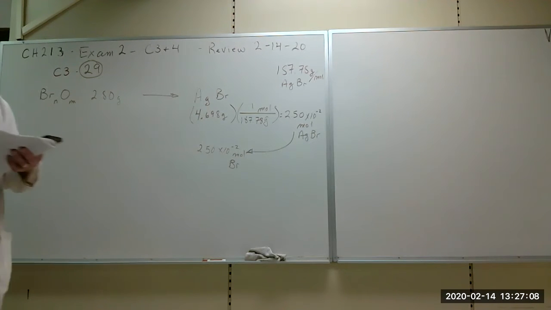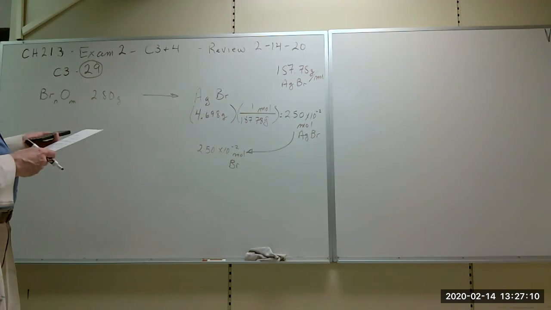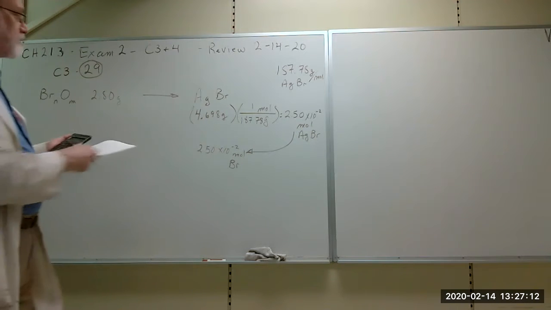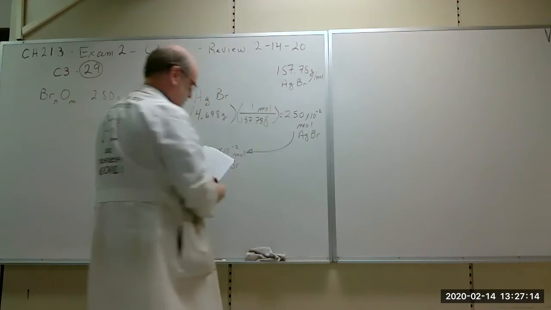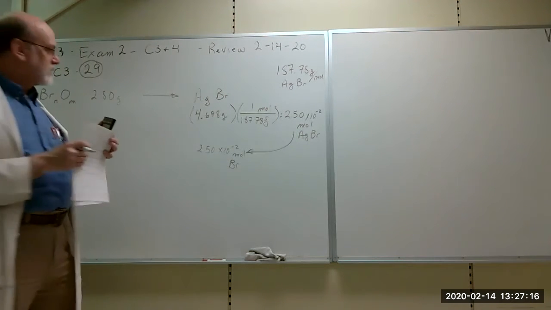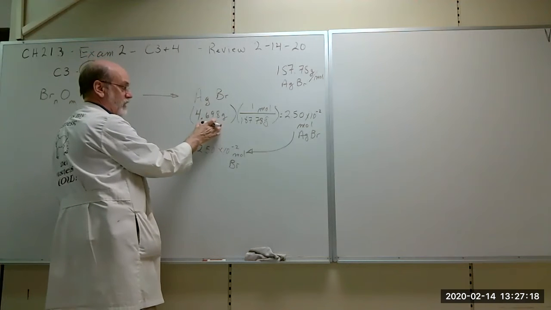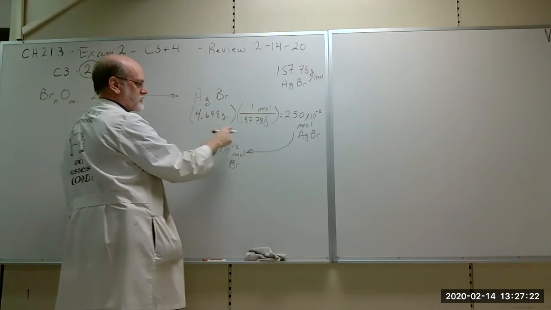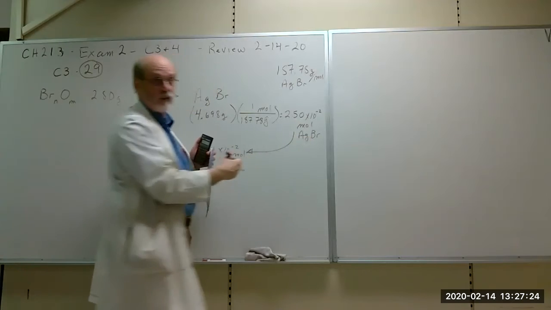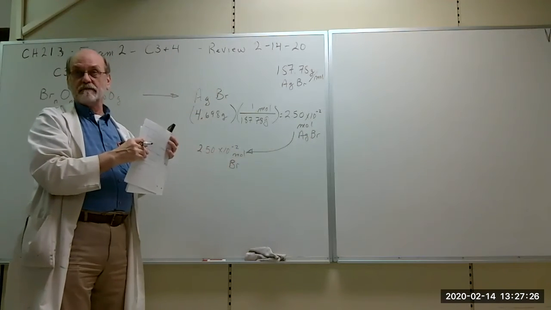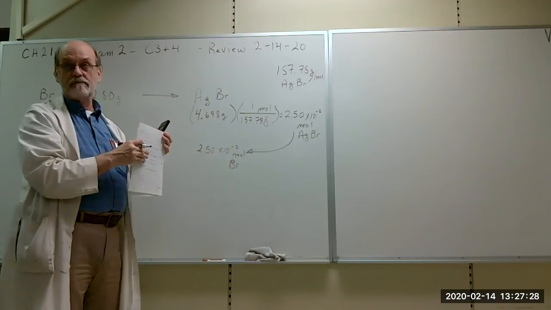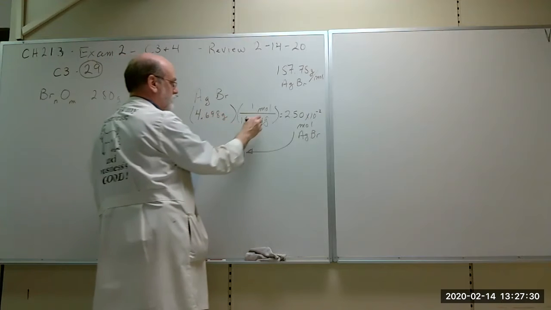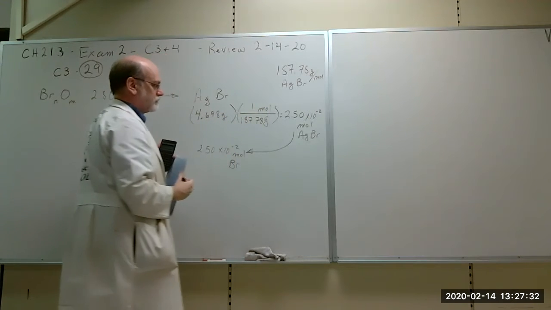The 187.8 is the molar mass of the entire compound. Right. And this is the mass of the entire compound. So we had to use this value first to give us moles of silver bromide, because this cancels, leaving us with moles.